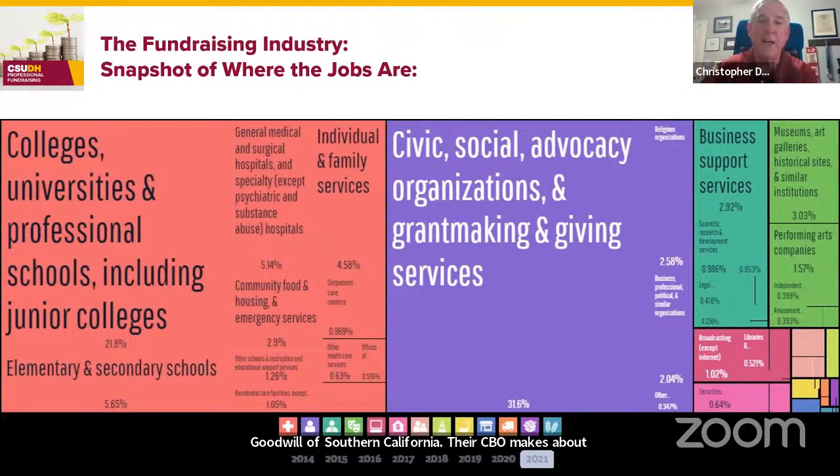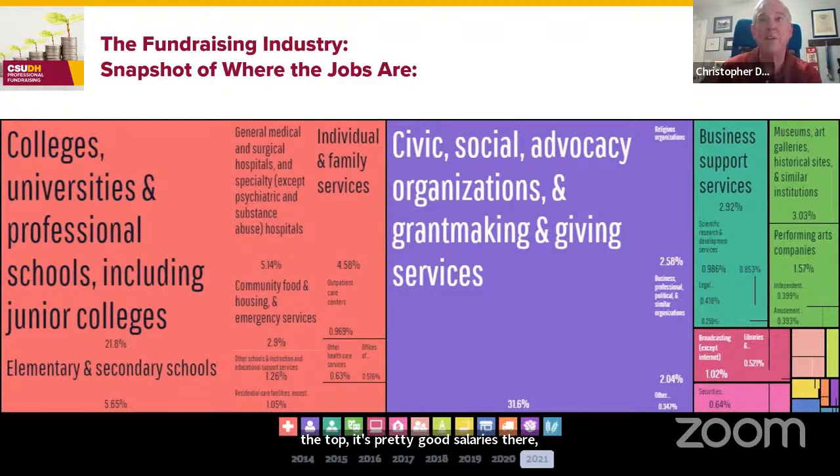Sharp Hospital Foundation, which is down in San Diego, their chief philanthropy officer, they call him there, has a salary of about $700,000 a year. And the Girl Scouts USA, I looked that up, they offer a salary of about $300,000. So when you get to the top, it's pretty good salaries there.